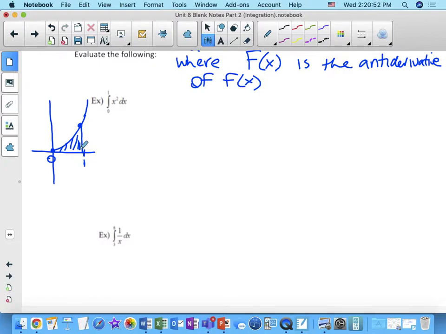Well, we integrate this. Okay, so capital F of x, which is considered the antiderivative of x squared, will be 1 over 3 x cubed plus c.